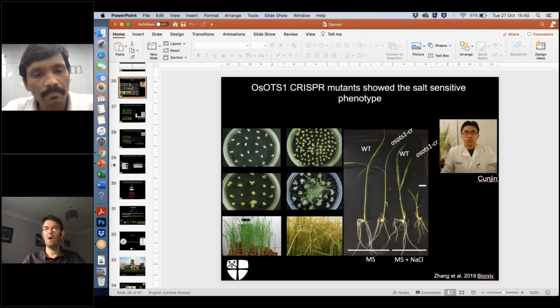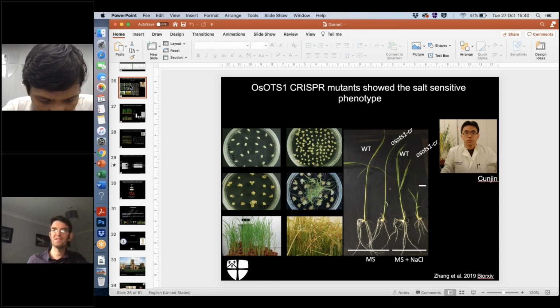Okay, I'm going to have another question, if I may, about the evolution of SUMO. You have mentioned, and this was picked up in the other question, that SUMOylation is involved in lots of different processes. So is there any evidence that this is a recent evolution within plant systems or other eukaryotic systems, or is it there in lower plants as well, or is it more prevalent in higher plants?